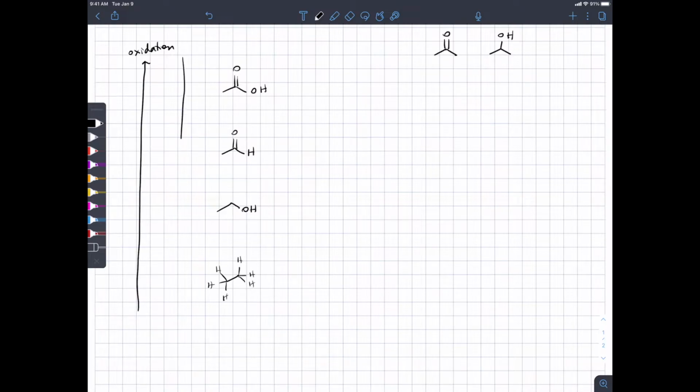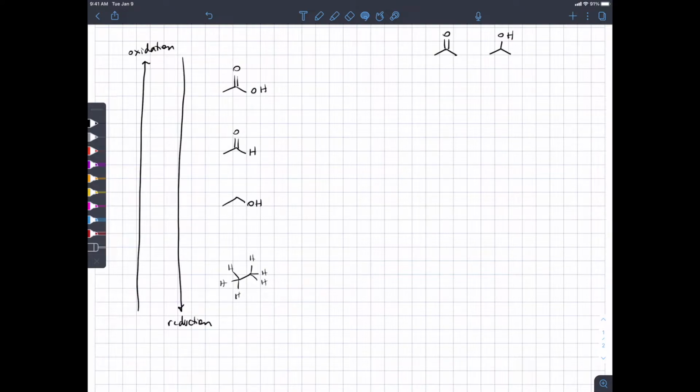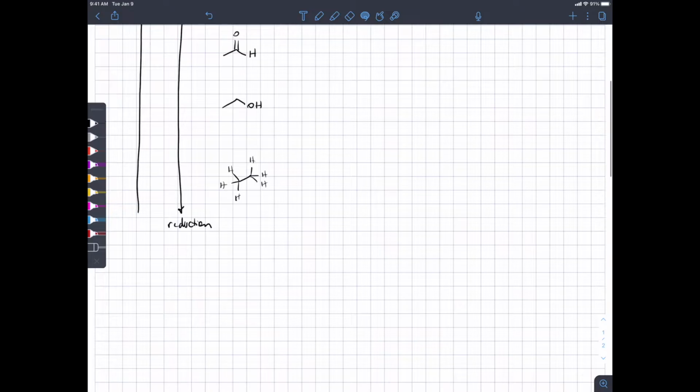But if you wanted to go the other way, you would need to do reduction. And it's useful to recognize oxidation reactions because you're going to need a special kind of reagent to do that. You need to use a reagent that's capable of increasing the number of carbon-oxygen bonds.